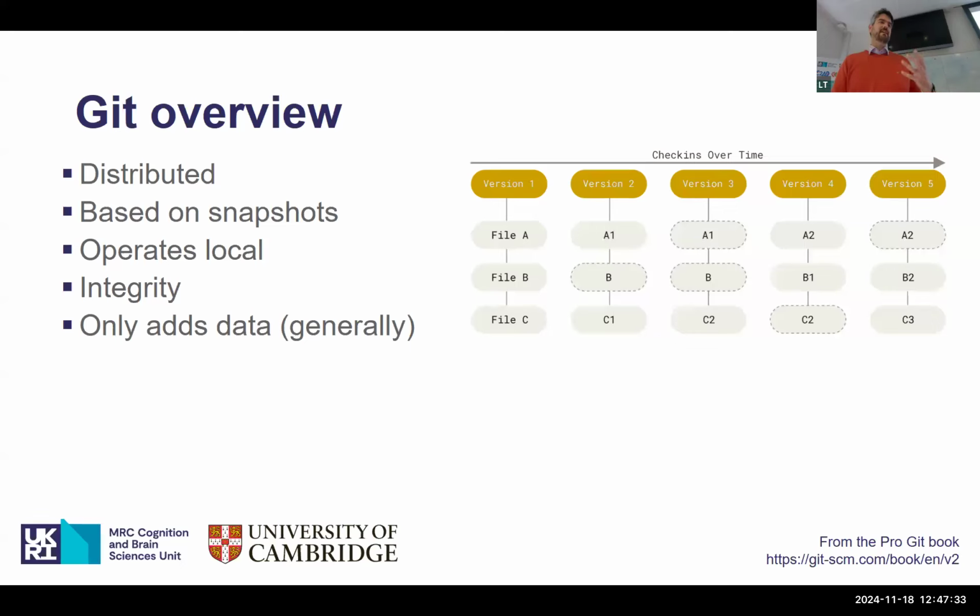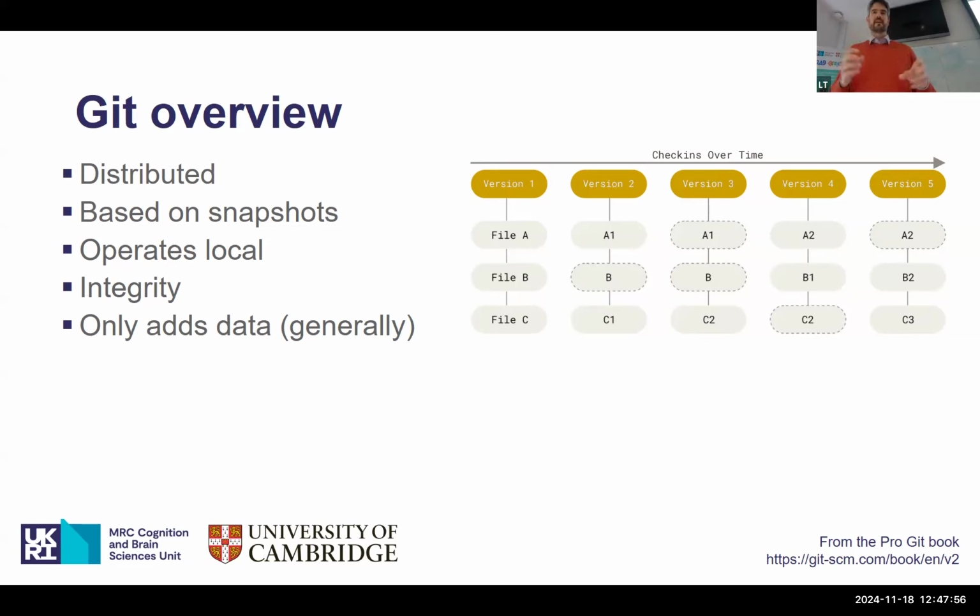Git only adds data generally. So whenever you make a change, it will just add, oh, there was a change here, there you go. It doesn't take away anything, even if you delete something, in the history it would be there. In general, I would say you have to work really hard to lose the data when you use Git. Obviously, there are ways of going back.